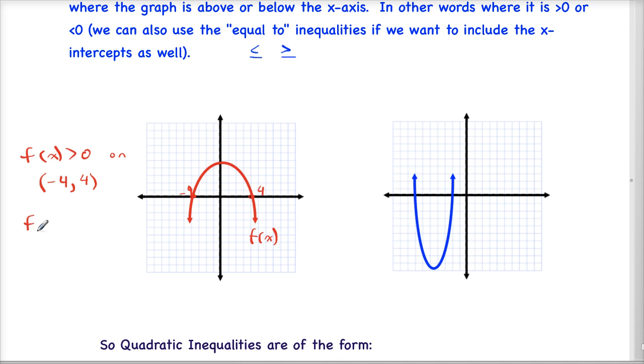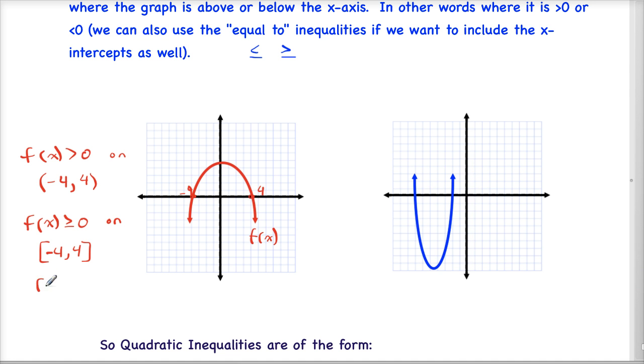I could also want to determine where f of x is greater than or equal to 0. And so in that case, that's where I would use brackets for negative 4, 4, because notice it's greater than or equal to, so I want to include the actual points where it equals 0. So that interval here, from negative 4 to 4 inclusive, is where it's greater than or equal to 0.